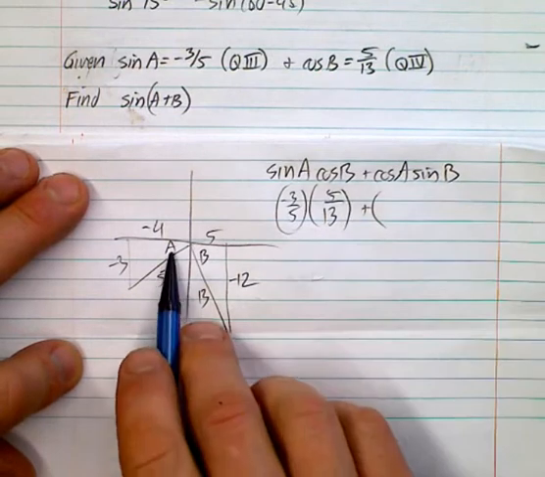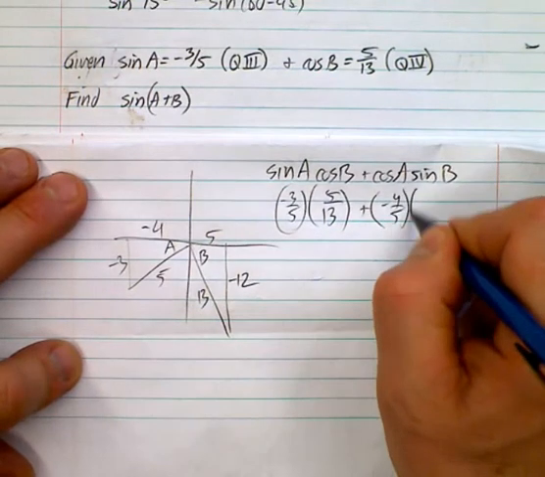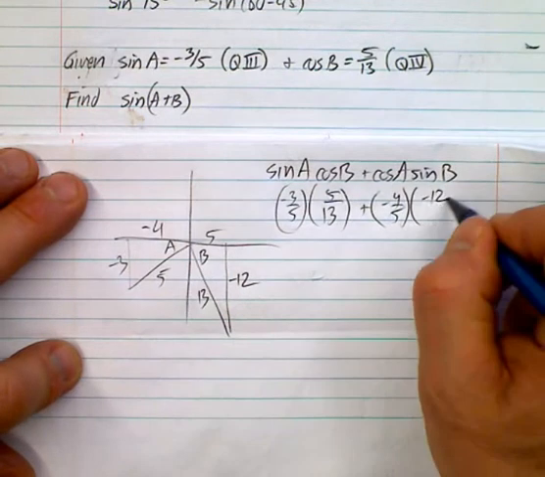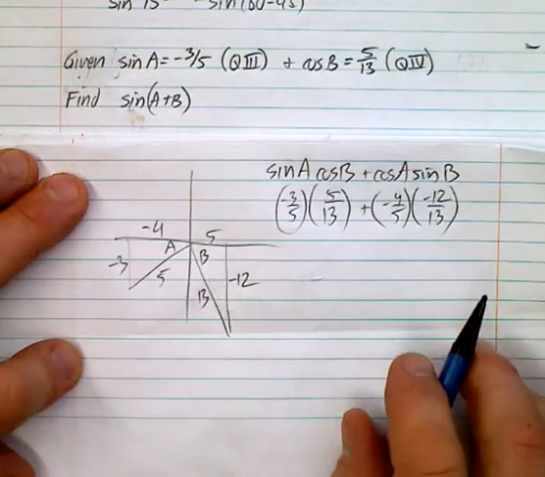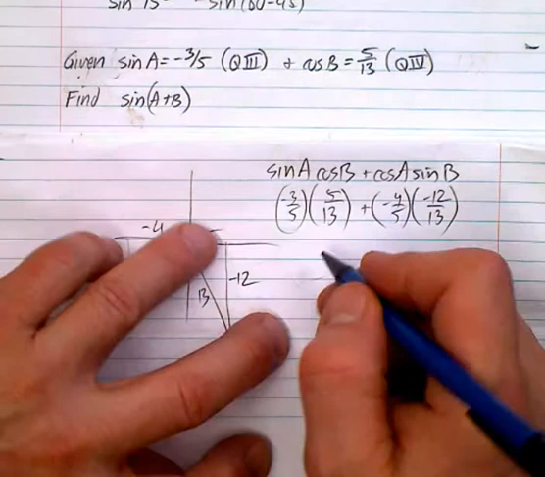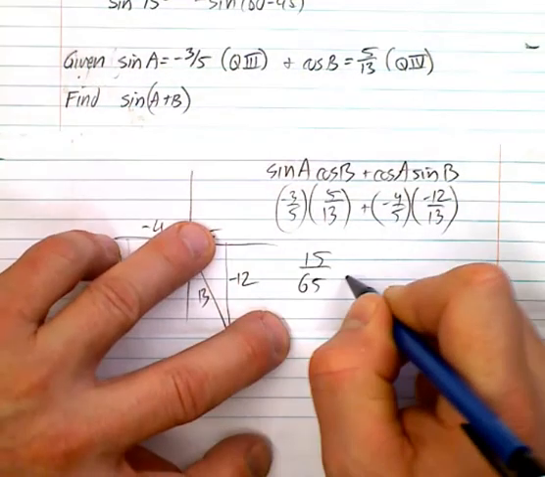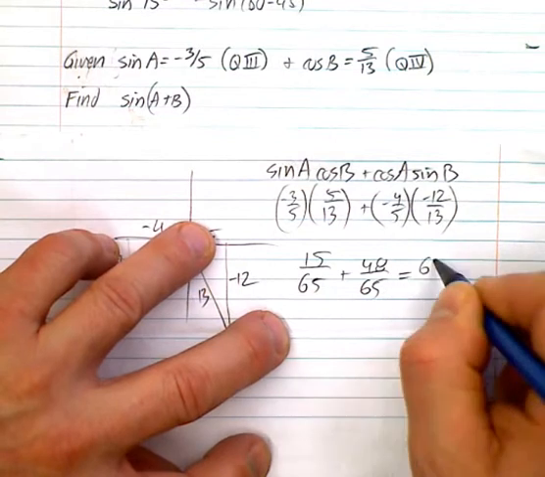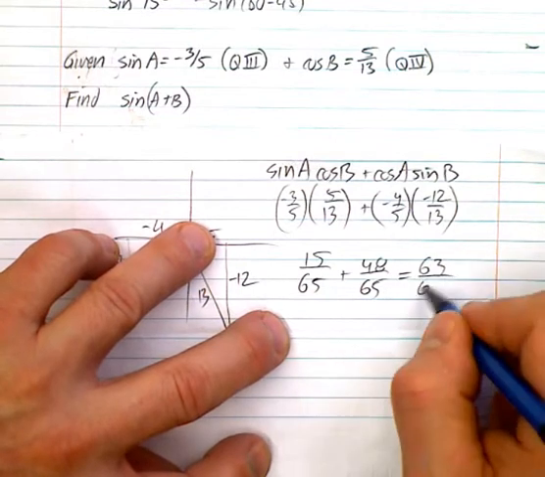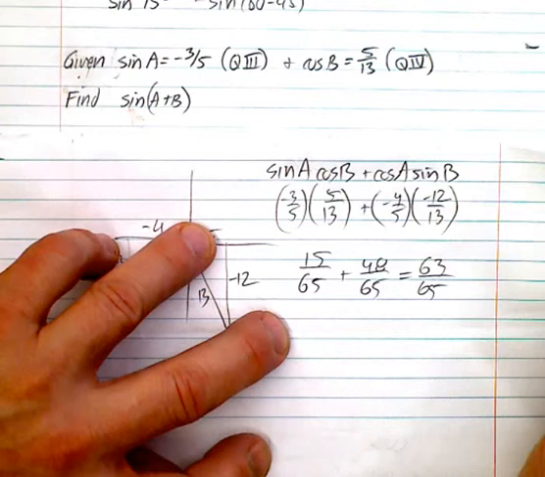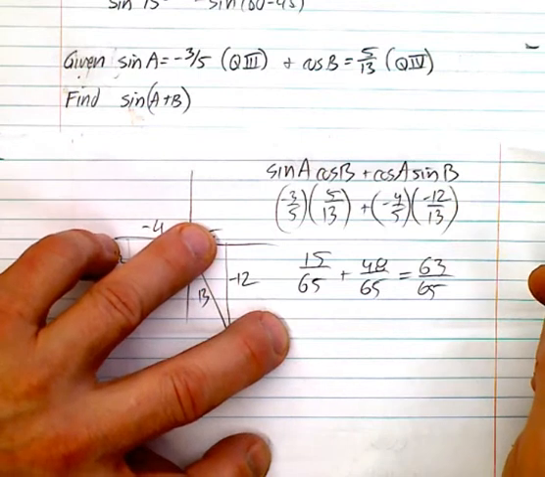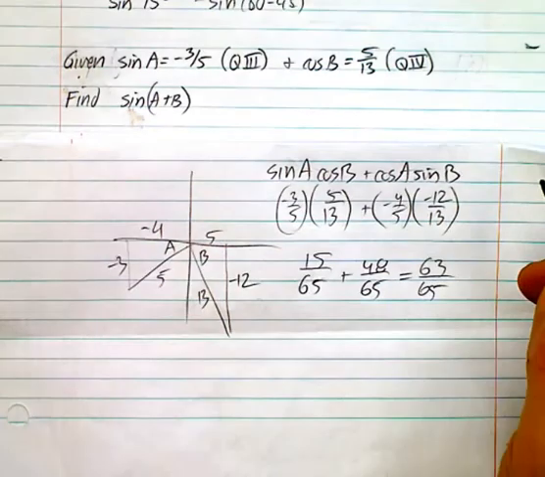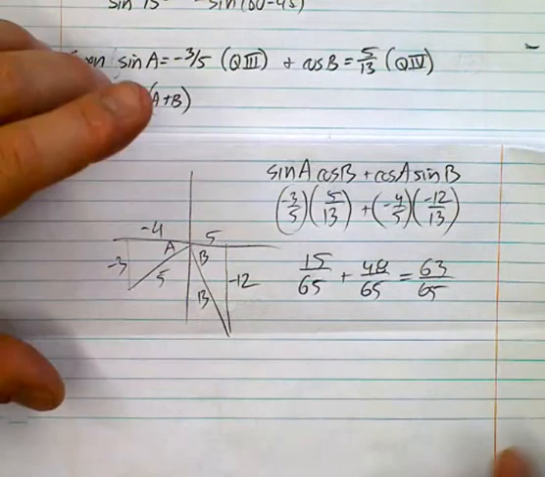Cos A is negative 4/5. Sine B is negative 12 over 13. And we multiply it out here. Okay, so you get 15 over 65 plus 48 over 65, which is 63 over 65. I think, anyways. Close enough, right? There you go. That's basically it.